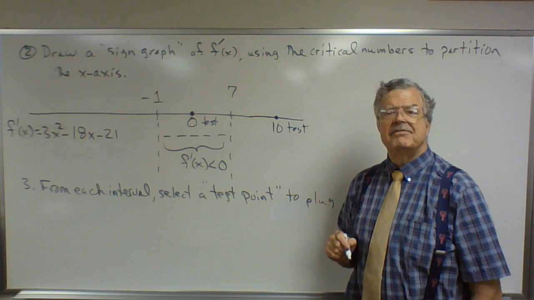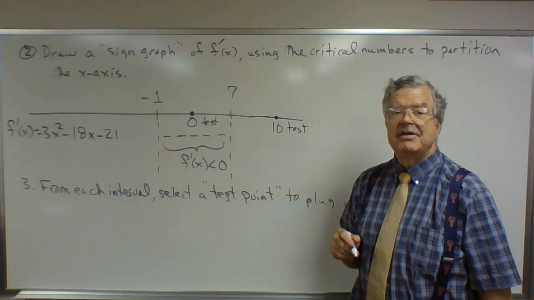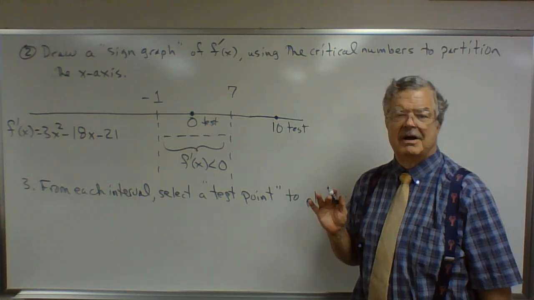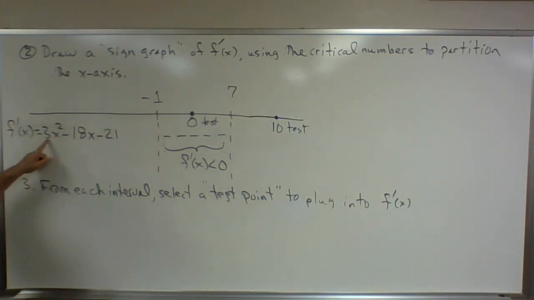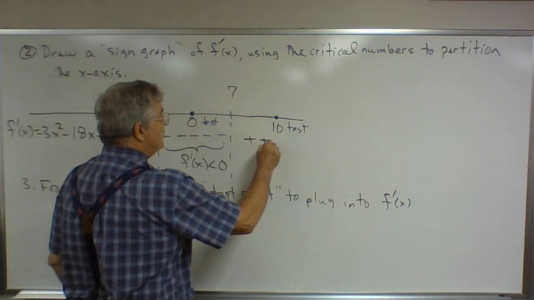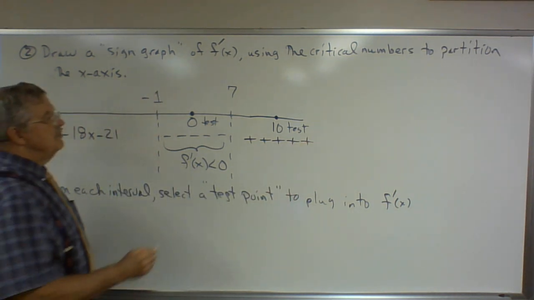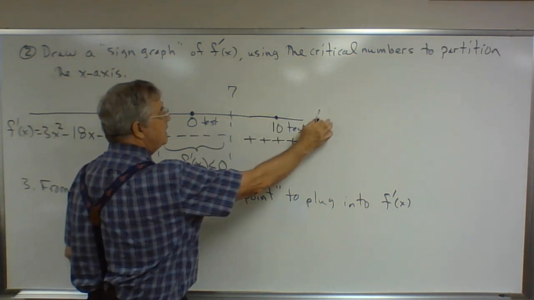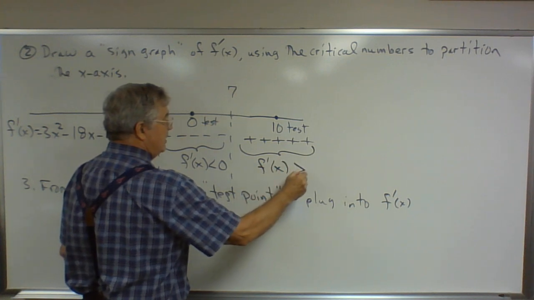It's easy to plug in for x because we can square 10 and multiply things by 10, and it's not a difficult computation. If we plug 10 into the derivative, we get 3 times 100 is 300, minus 180 is 120, minus 21 is 91. Now the important thing is the sign of the derivative. It's positive. So on the interval from 7 to positive infinity, the derivative is positive.